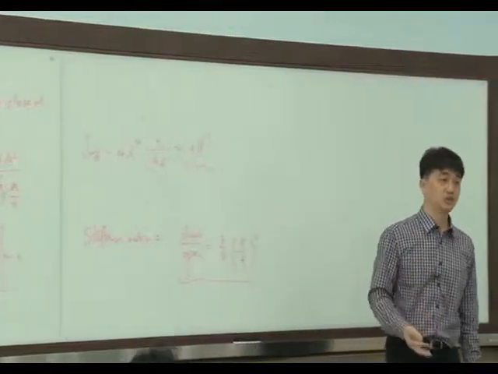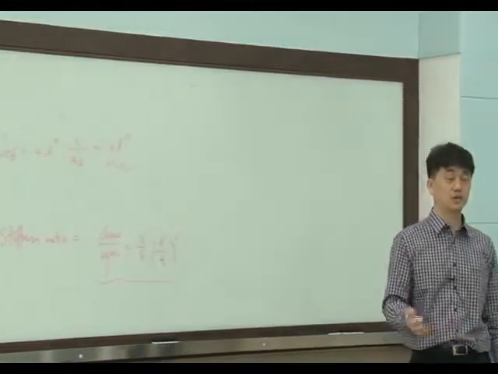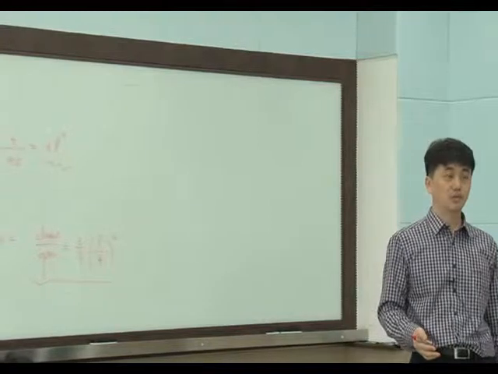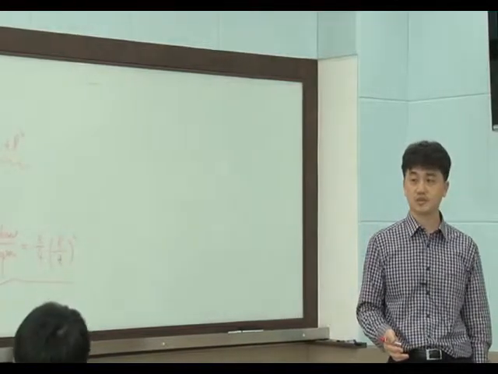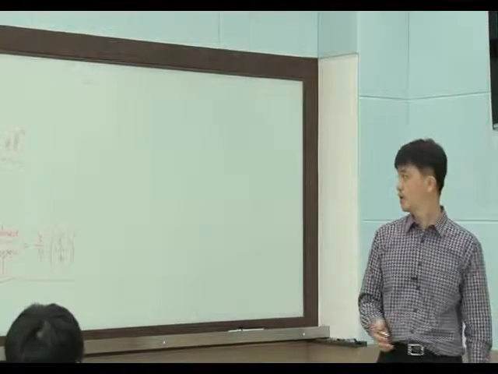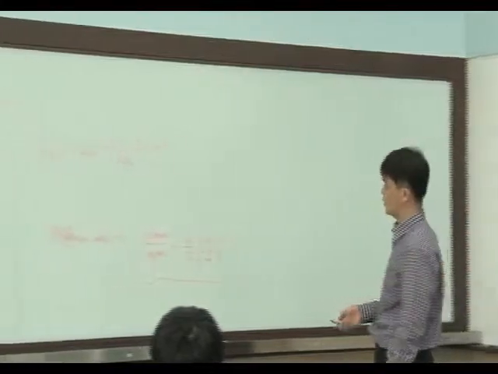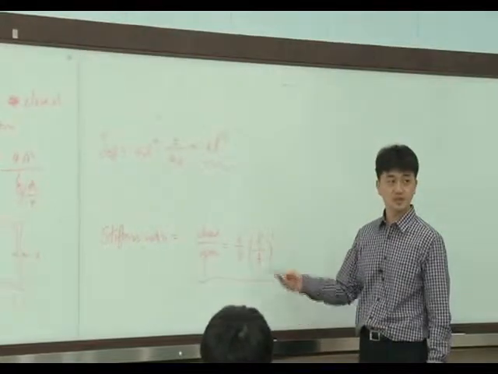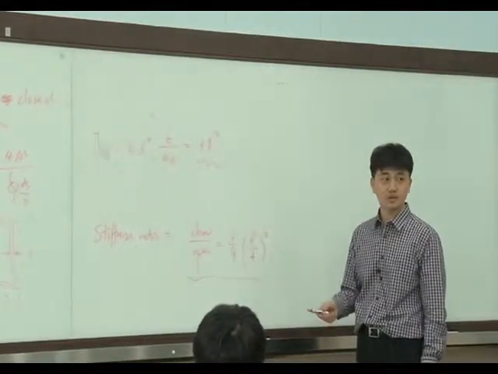Which one is stiffer, open or closed? Closed. Much stiffer. The ratio is like this: one third times T over L, squared.